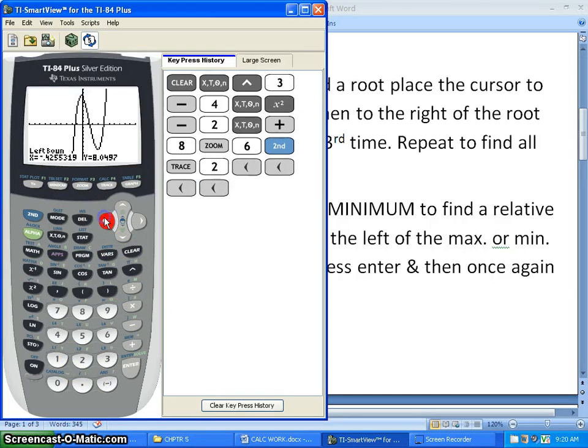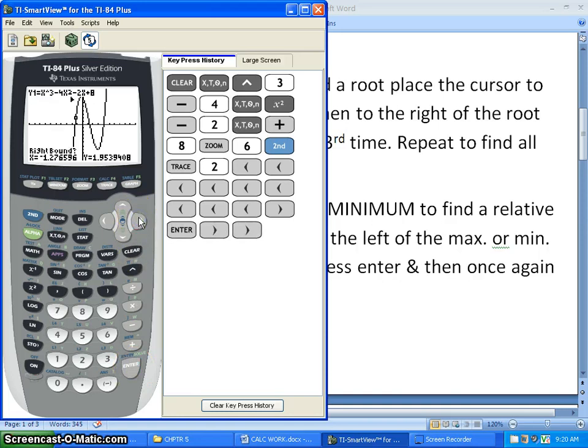I'm going to hit the left because I'm going to find this coordinate right here where it's hitting the x-axis. I'll hit enter once. I'll now move my cursor to the right of that location, which is going to bring it above. Hit enter a second time and a third time. And the x value that I've attained here is irrational. I'm going to round it off to the nearest hundredth, so x will equal negative 1.41.